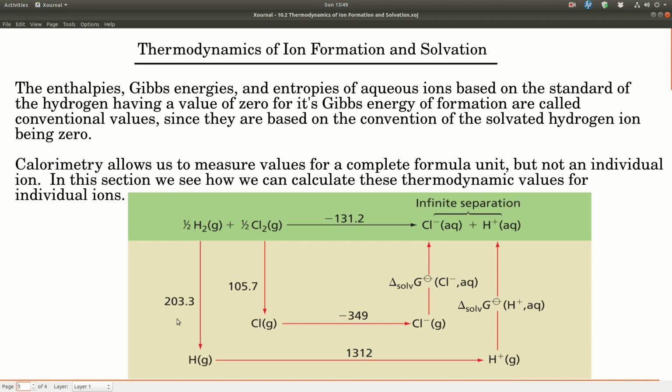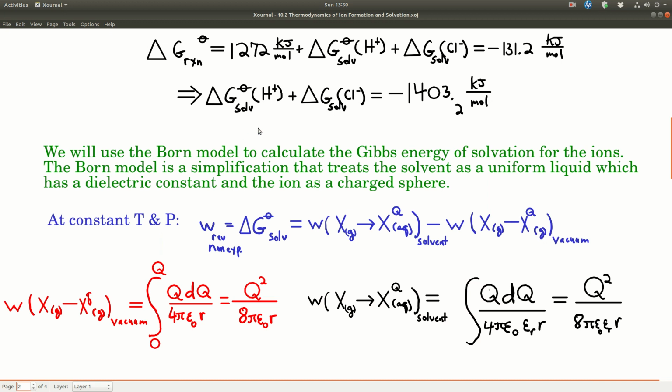So it ends up we know all these values. We know the bond enthalpy and the delta G for the bond of hydrogen, chlorine. We know this would be the ionization energy. This would be the electron affinity. So the only thing we don't know in this circle are the delta G's of solvation. If you add up this number, this number, this number, and this number, you get 1,272 kilojoules per mole.